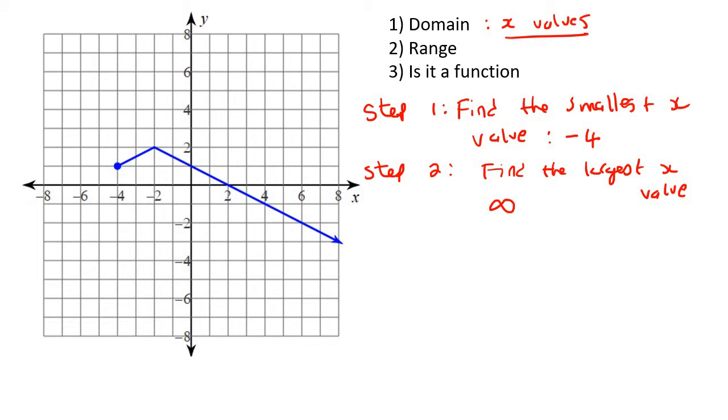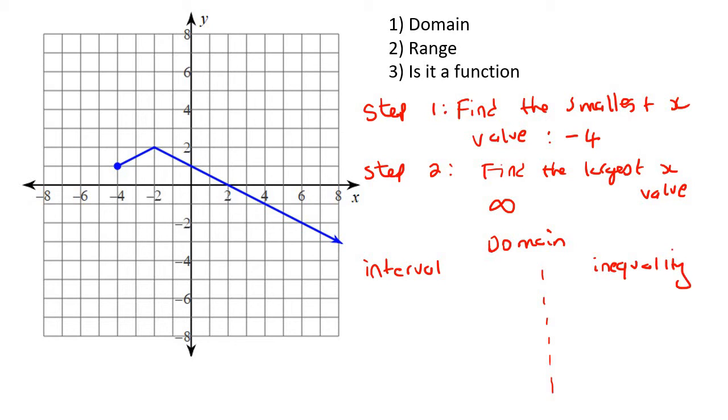Now you can write it in two different methods. You can use interval notation, or you could use the inequality method. If you use an interval, then you use brackets. For this -4, we're going to use a square bracket. Why?